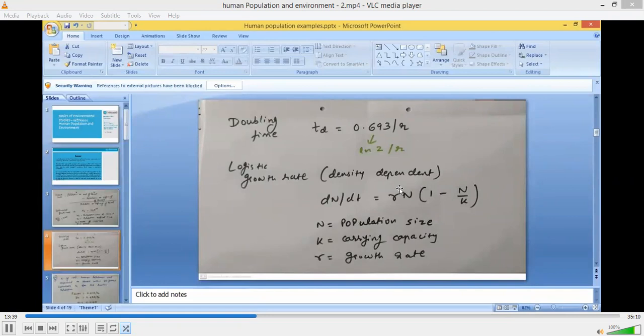This 0.693 comes from the natural log of 2. And logistic growth rate, which is density dependent, dN by dt is equal to r into N into (1 minus N by K). Just remember all this and let us move on to the first question.